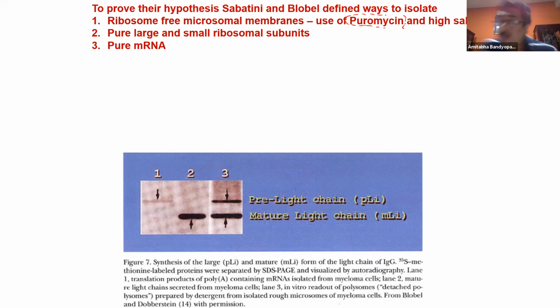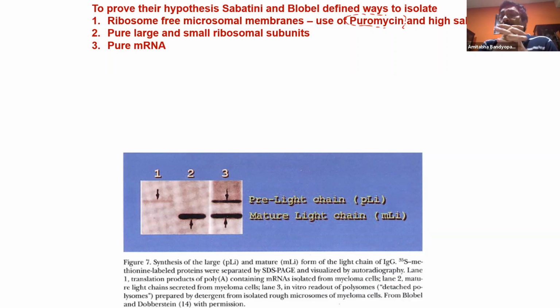Puromycin mimics a tRNA structurally. It comes and sits at the A site, and then the peptide chain that is at the P site will be transferred onto puromycin, and this puromycin-peptide chain just slips through the ribosomal tunnel, and the elongation is stopped.